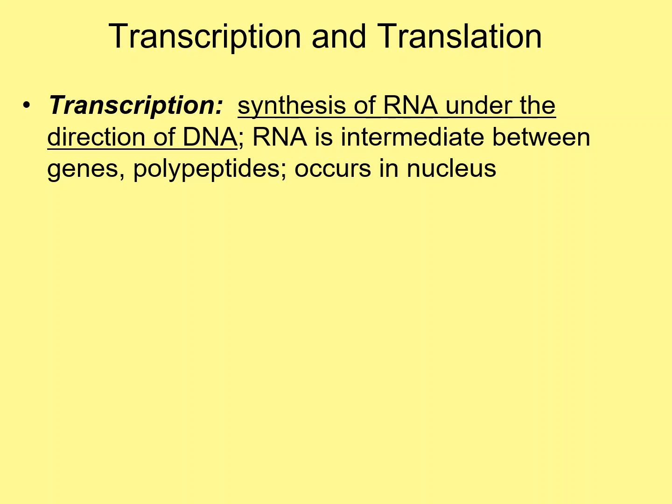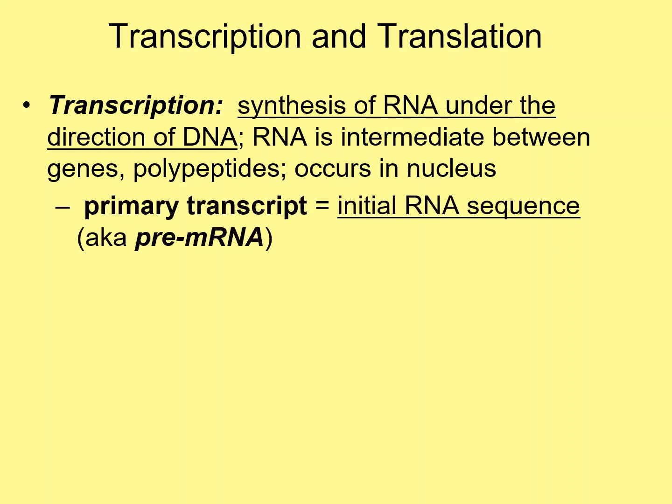You don't want to manipulate that directly. But two, you have to get the instructions from where they're kept to where the protein is actually going to be made, and those are two separate locations. So our RNA molecule really is the intermediate between our genetic material and our proteins, right?